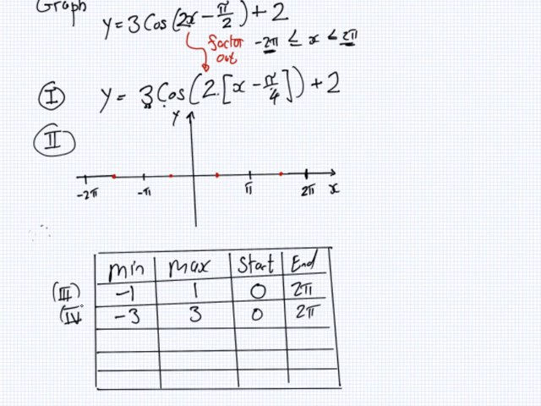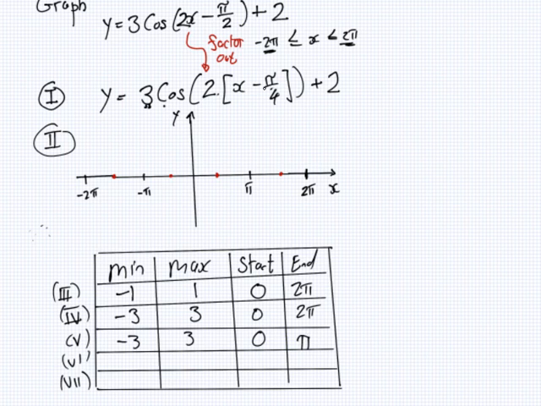Okay. Step 5, 6, and 7. Now, the B. What is the effect of the 2 here? Expand or contract? Contract by half. So this is still -3 and 3, but now this is 0 to pi. It finishes earlier.